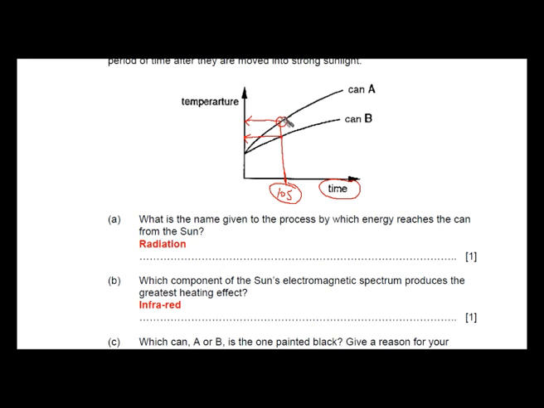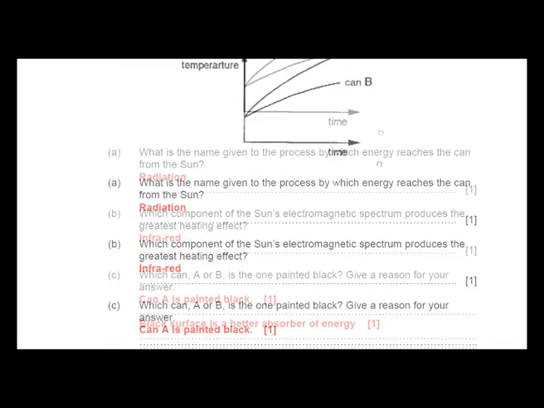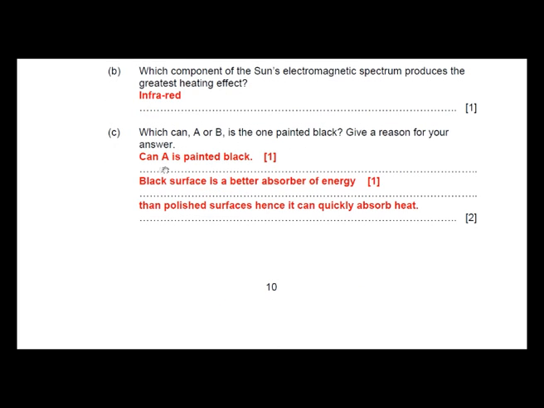It is can A. So the temperature reading here would be higher than the temperature reading here. So can A is obviously heated up much faster than can B. So the answer is, can A is painted black. Why? A black surface is a better absorber of energy. This one you have learned. Then polished surfaces, hence it cannot quickly absorb heat.